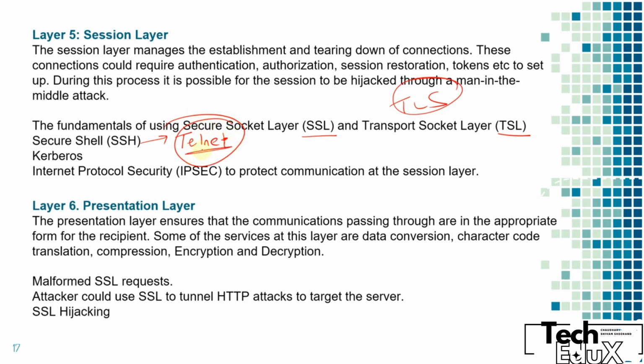Somebody can extract this clear text password and then create their own session. But the mitigation lies in SSH, Secure Shell, which is going to encrypt all data. So if the sender and receiver are over here, they are going to form one session, Secure Shell. This is an encrypted session.